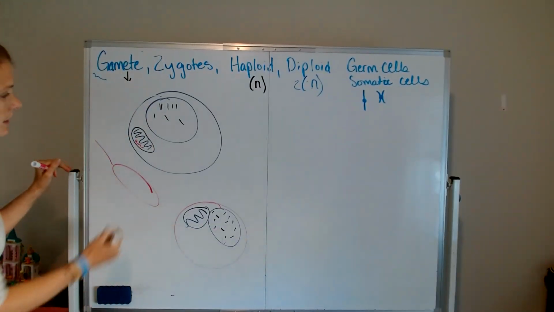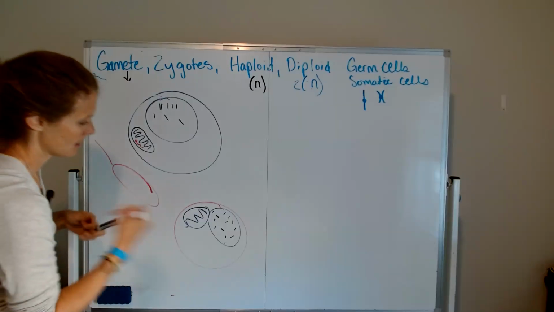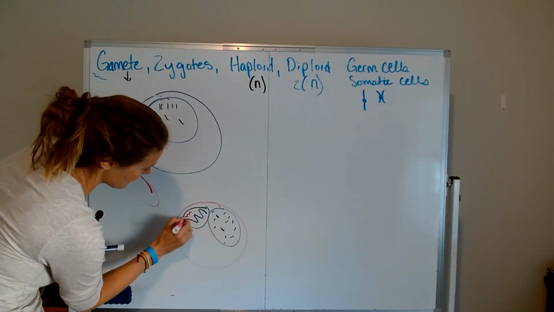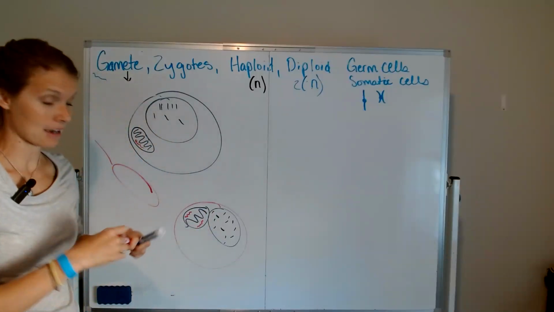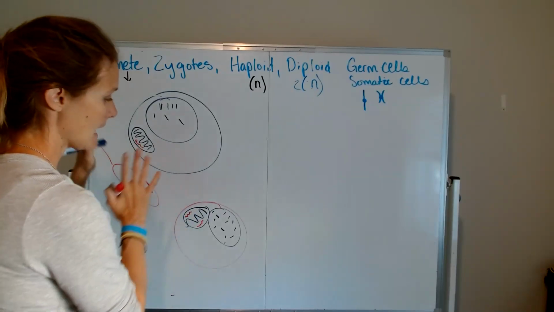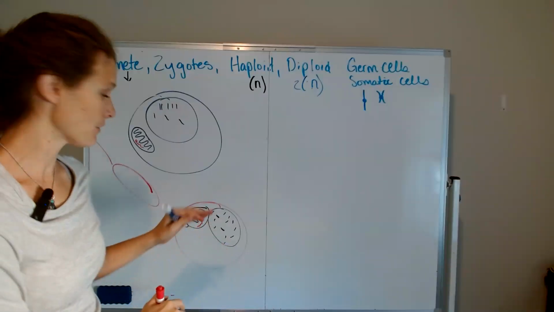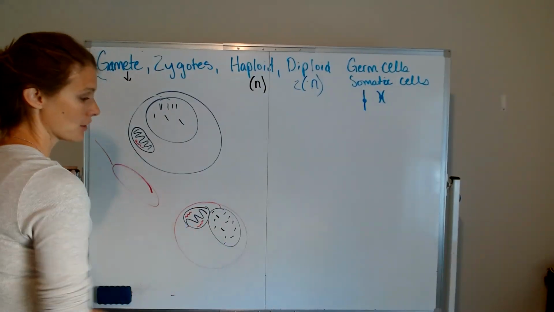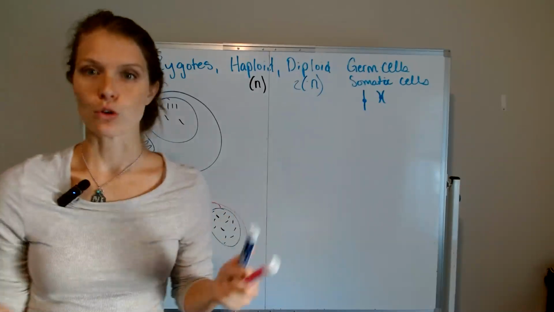So which one do you think is passing on? It has its DNA in the nucleus and it has its DNA within the mitochondria. So where do you think we get extranuclear information from? So this information is from the mitochondria, and in plant cells it's in the chloroplast, right?